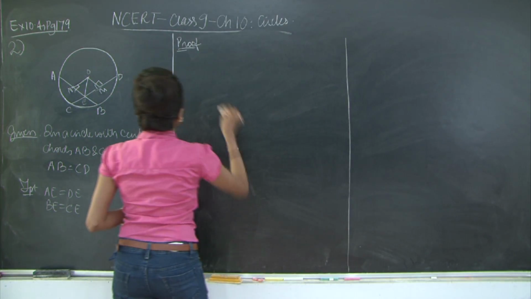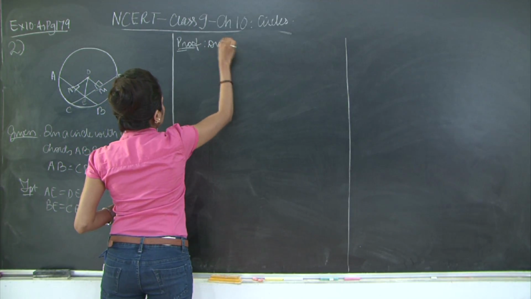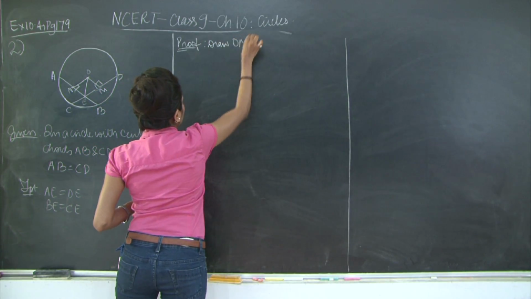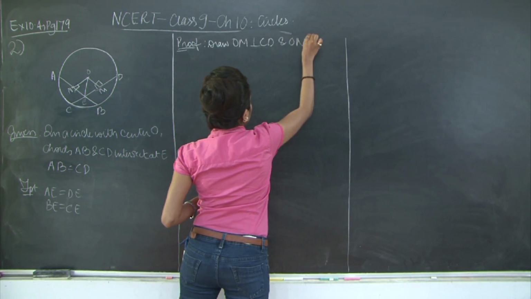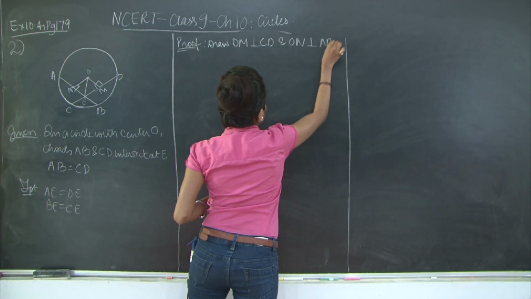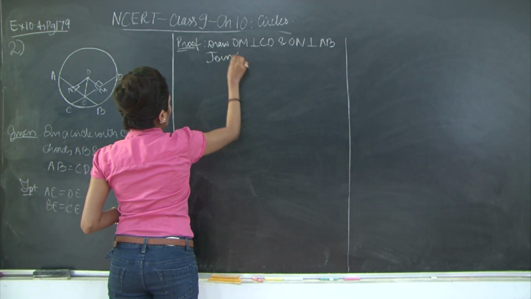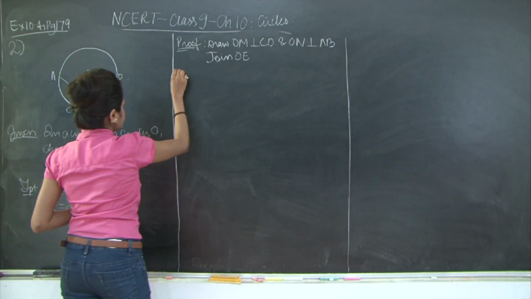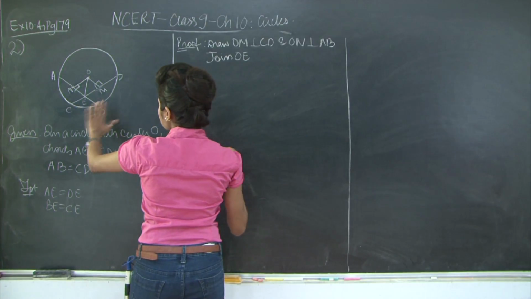We'll draw the constructions first. Draw OM perpendicular to CD and ON perpendicular to AB. Join OE. Now, first let's prove that OM is equal to ON.